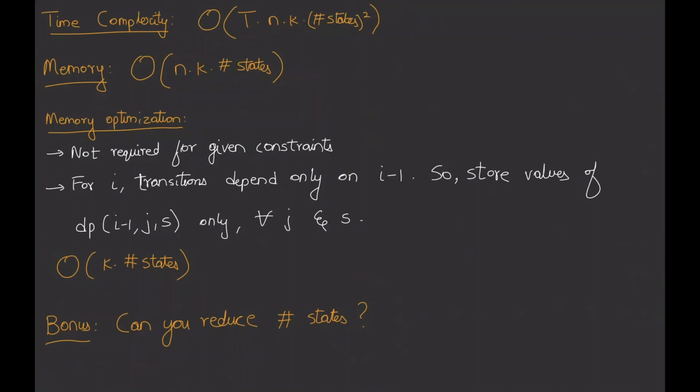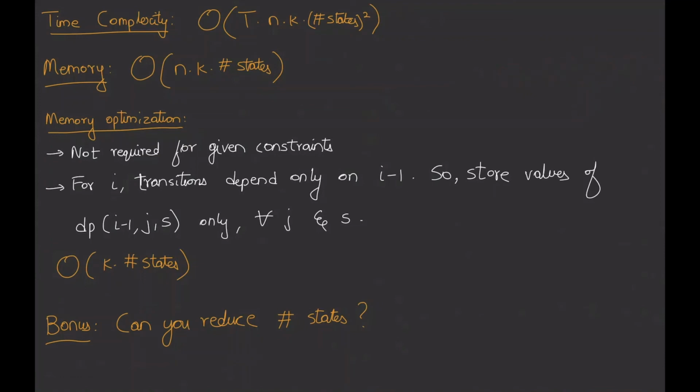So if you notice, for every transition, for any given i, you always depend on just i minus 1. So there is no use of storing anything before i minus 2, right? So if you want to compute n, you require just the values of n minus 1, but all the possible k's and all the states.